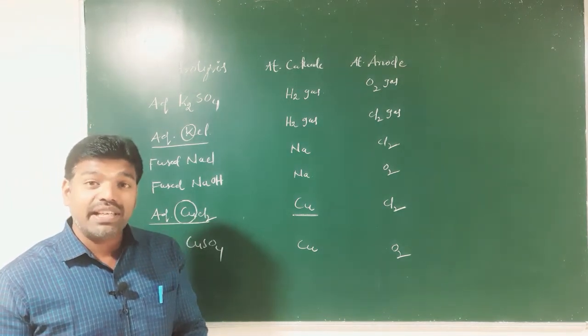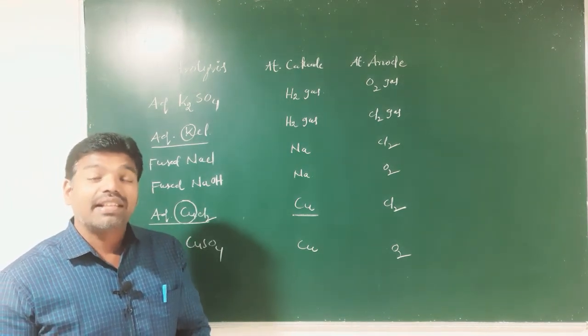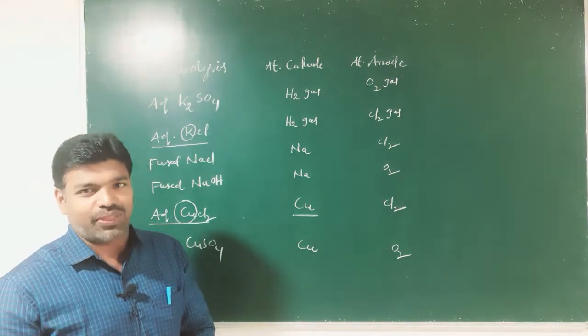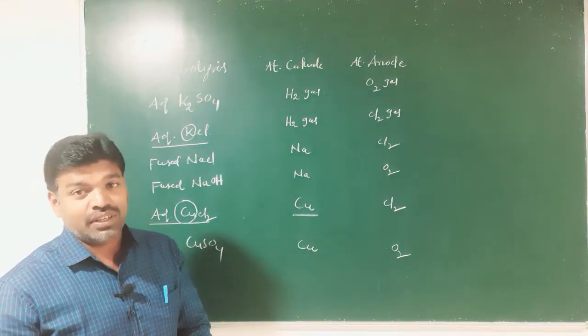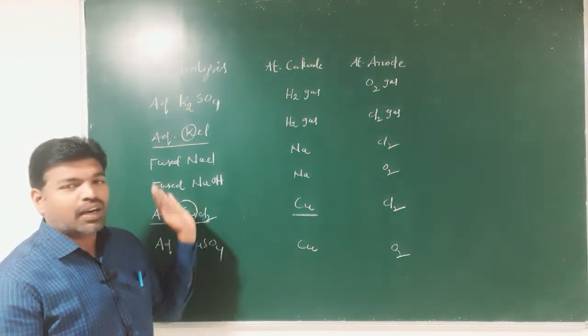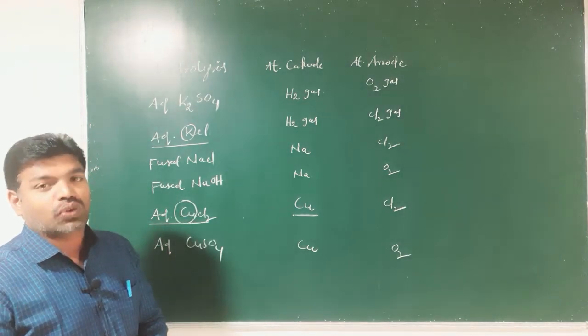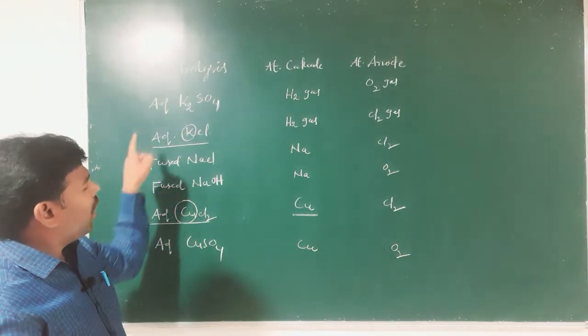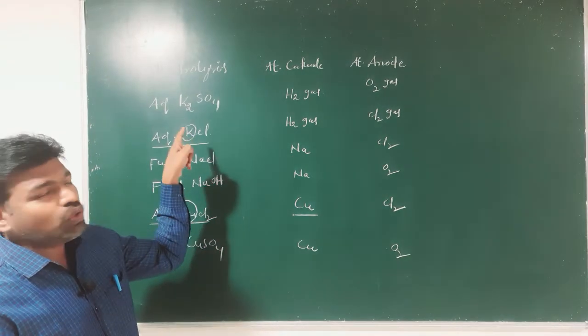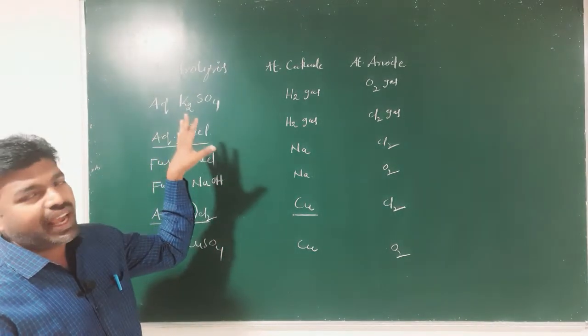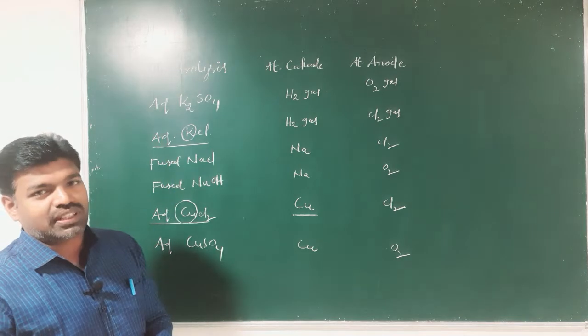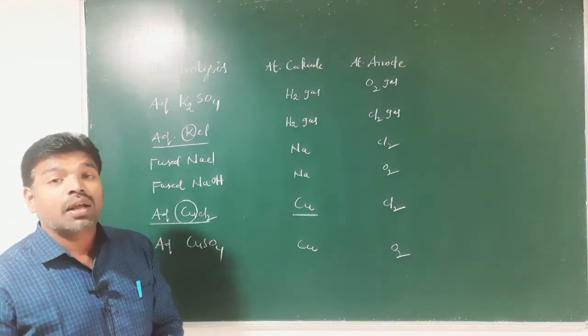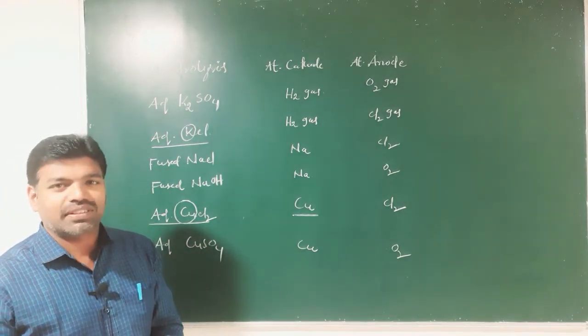If hydrogen is more reactive than metal, then metal is deposited at the cathode, right. So these are some more examples of electrolysis. In all these examples, cathode and anode are platinum electrodes.